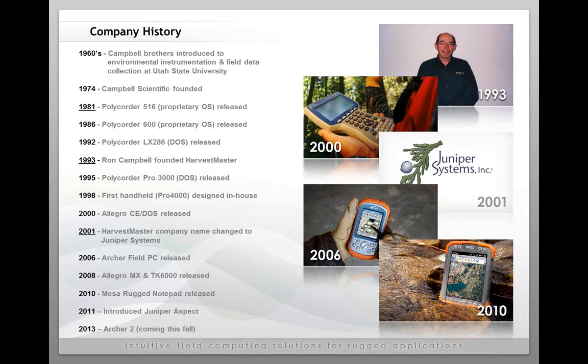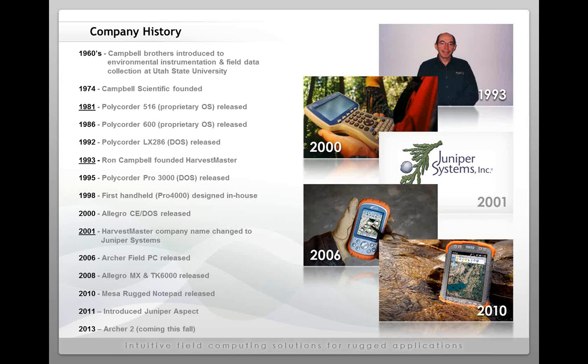In 1993, Ron Campbell, one of the brothers, founded a company called Harvest Master. Harvest Master was named as such because their main product market was the agricultural industry, and they made grain gauges that would mount on combines and were used to collect data on test harvests.